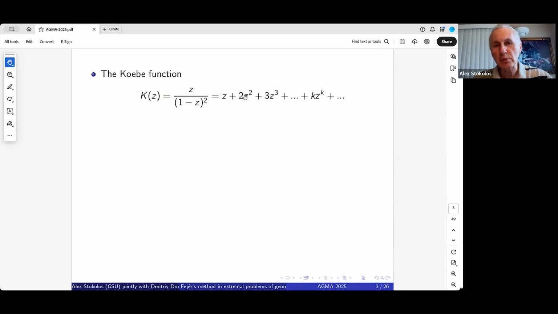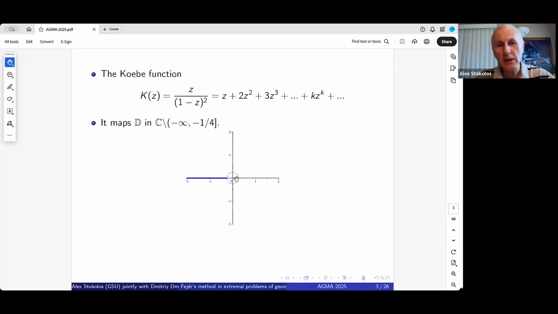So what's remarkable about that function? It has the largest possible coefficients in absolute value, which I will mention later, and it has the largest possible, in some sense, image of the unit disk. The value at -1 is -1/4. I'll show you this range.